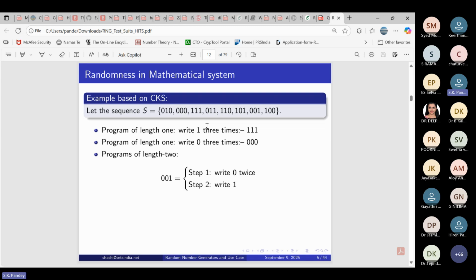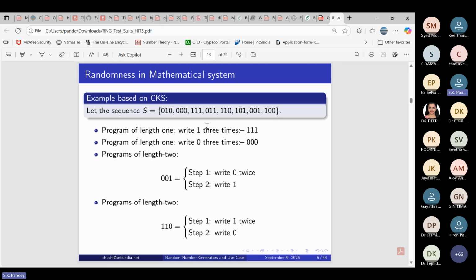Similarly, if I go to the length 2 program sequence, so here this 001 is a sequence which required 2 steps. First, you write 0 twice and then write 1. So these 2 steps or these 2 set of rules is there to define these binaries of length 3.